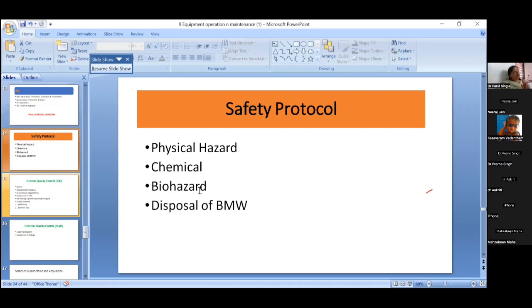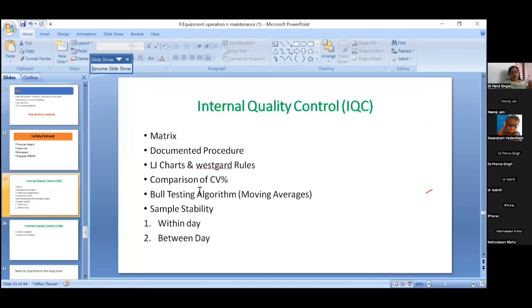Your equipment should be connected: if it is liquid waste, it should be connected to the effluent plant first. The reagent kits coming out of the equipment should be disposed of as per biomedical waste guidelines. You are working with chemicals, because reagents are chemicals for that equipment, or hypo, while maintaining the equipment. Please follow all the safety protocols instructed by the manufacturer.